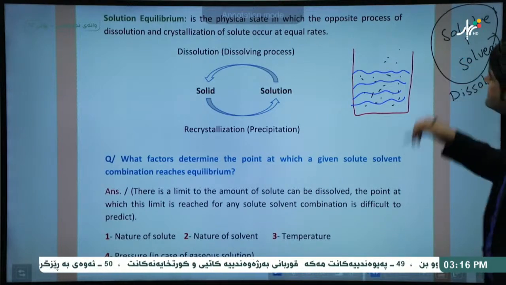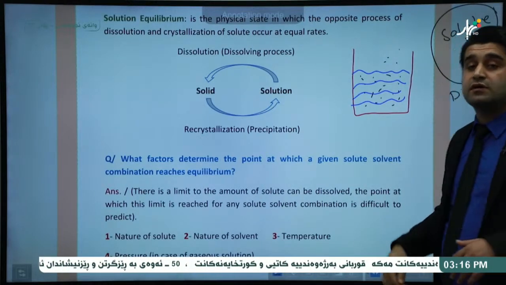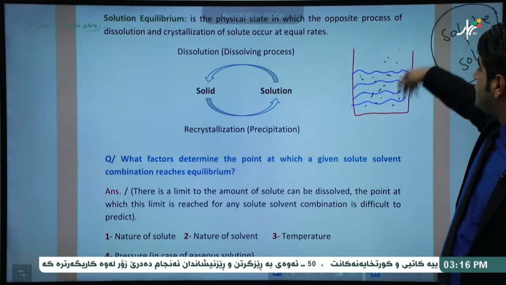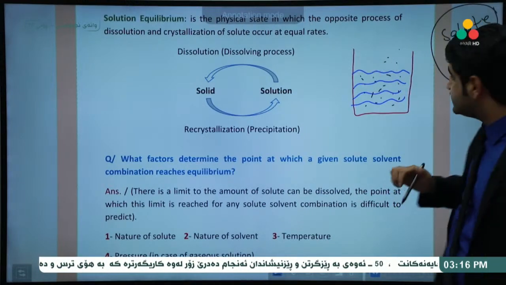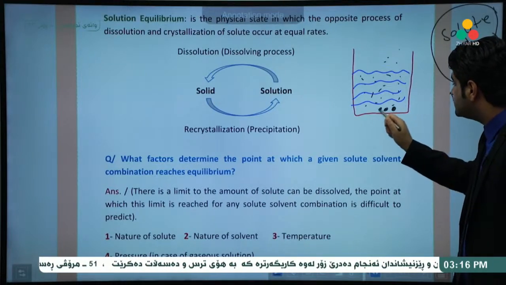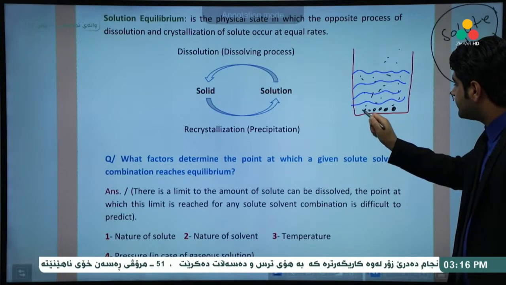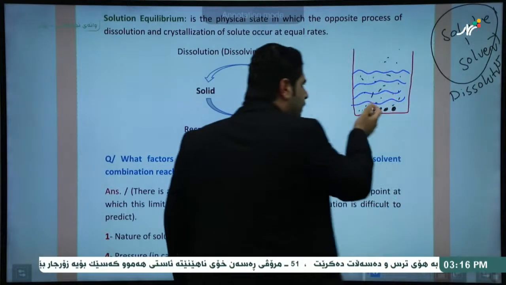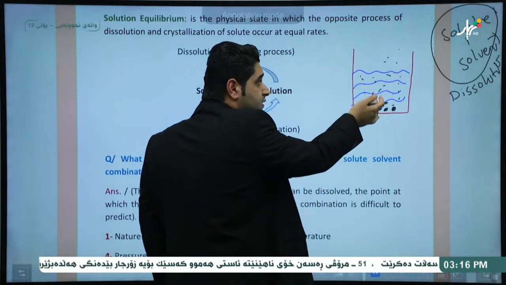Dissolution. But let's add sugar continuously. What will be your observation? Okay, teacher, if we add more sugar, then we will see that the sugar particles settle out to the bottom as a precipitate. Why? Because there will be more dissolved sugar.